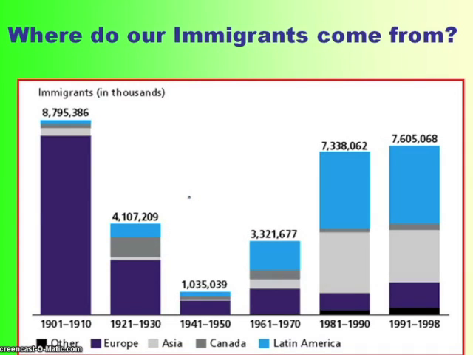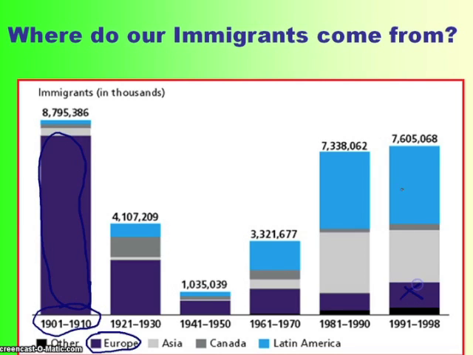So where does the immigration come from? Well, this is interesting. You know, back in the early part of the last century, 1901, 1910, this is when a lot of my ancestors came to this country, and we came from Europe, and that's where most of the people coming to the United States came from. But over the course of 100 years, that's not the case anymore.